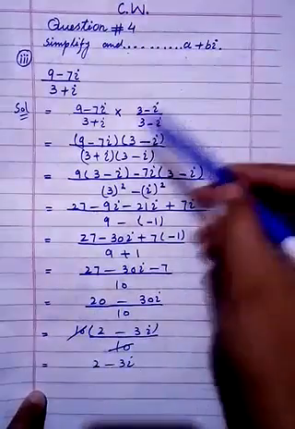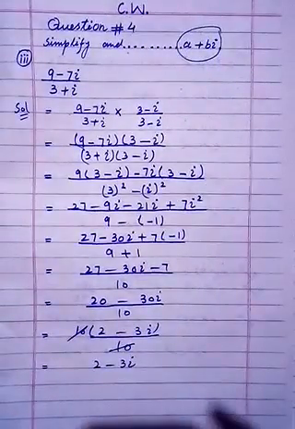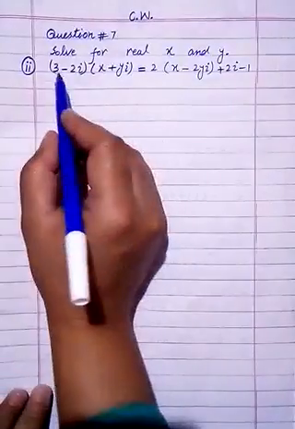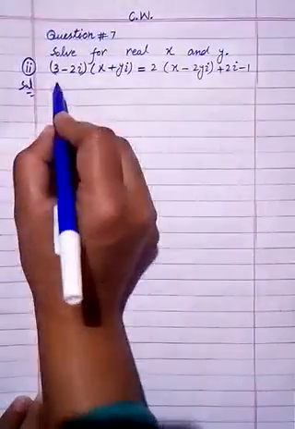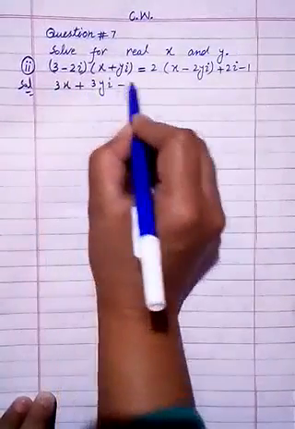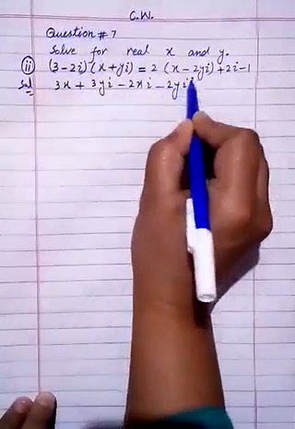Now check that in this question you have to convert into the standard form of complex numbers. Now question number 7 of this exercise, second part. First of all you have to open the bracket and start the solution. 3 multiplied by x is 3x, plus 3y iota, minus 2x iota, and minus 2y iota square.